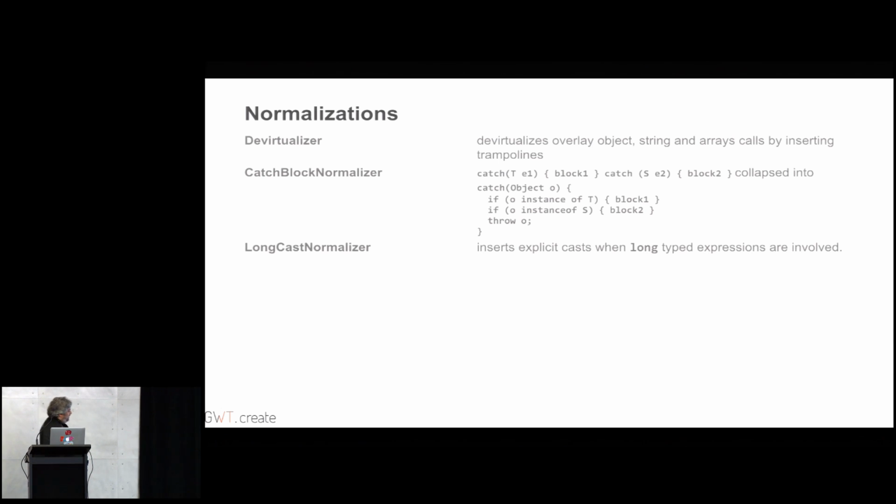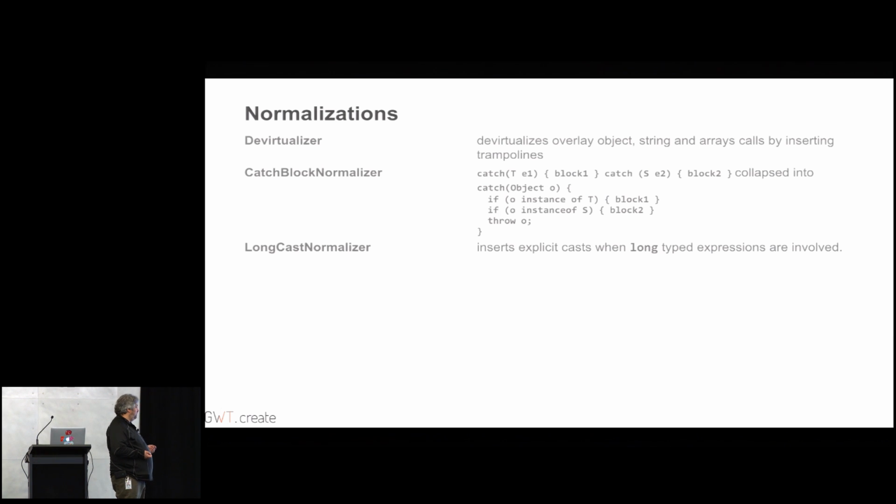Long cast normalizer. Because we emulate longs, we need to intercept every place in which a long is converted from or to another type. And some of those coercions don't have casts in Java.